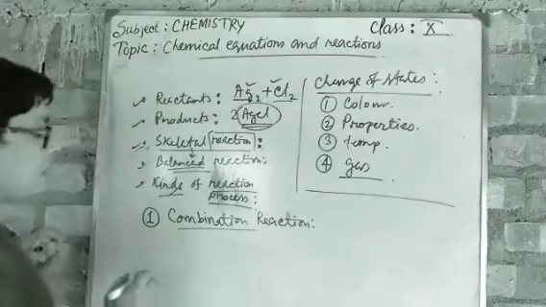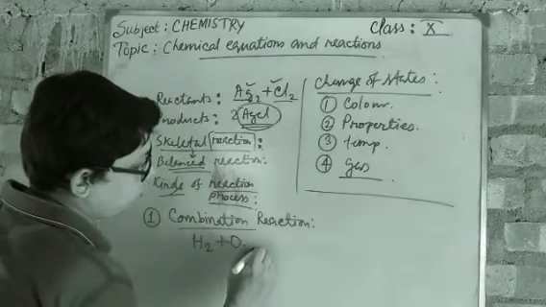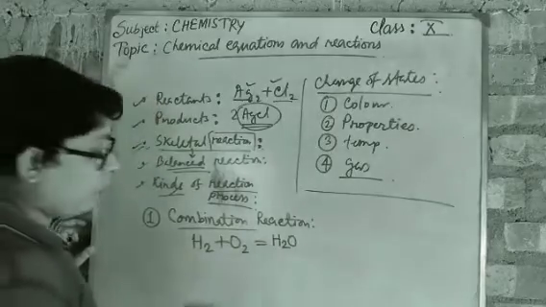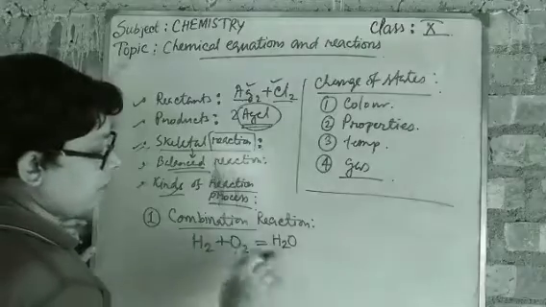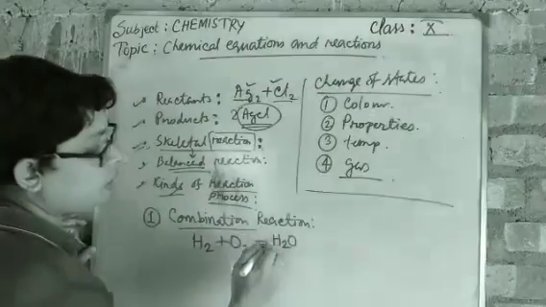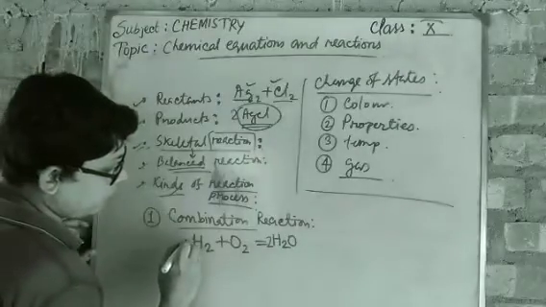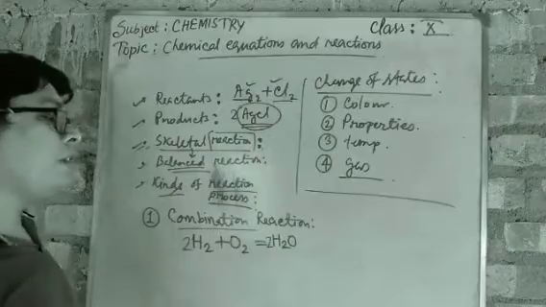Here we can give the example easily. H2 plus O2 equal to H2O. Okay, and this is the skeletal balance. Look easily, because O2 and O only. So if we go for the balanced reaction, it will come as this: 2H2 plus O2 equal to 2H2O.